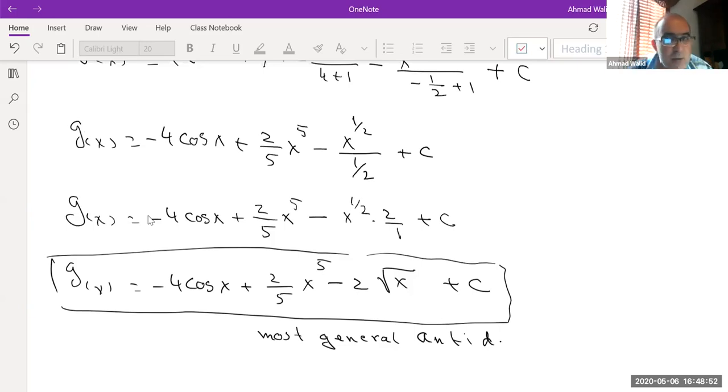You should always write plus C. If you don't write plus C, it's wrong. You should have a constant at the end. It's because of the family of those functions. I'll upload the PowerPoint today. I don't know if I uploaded it already or not, but there is a good graph that explains why it's a family, right? You can see it in the graph.